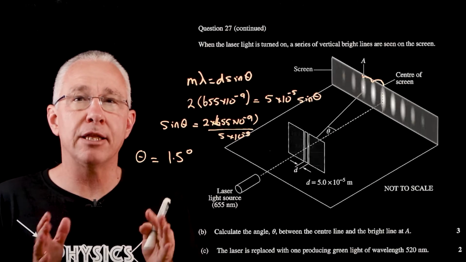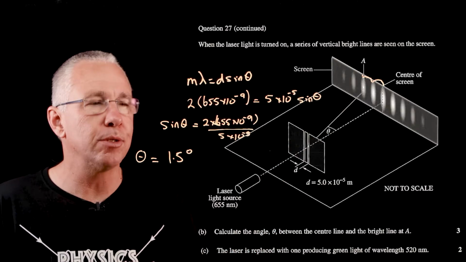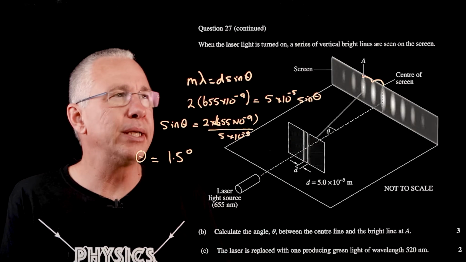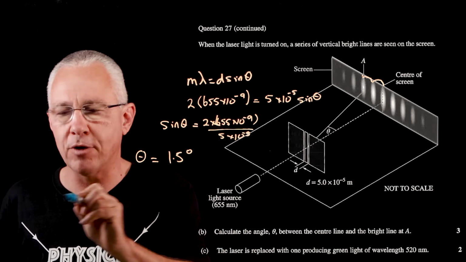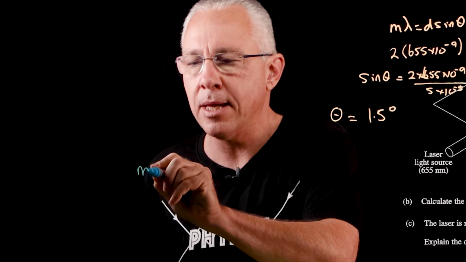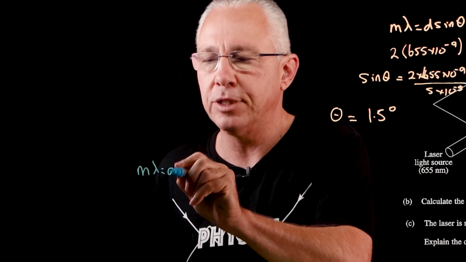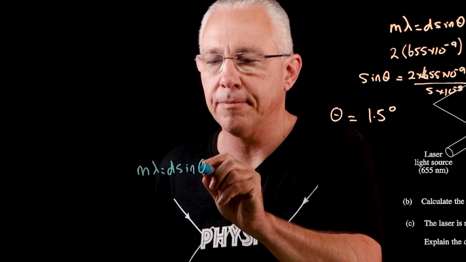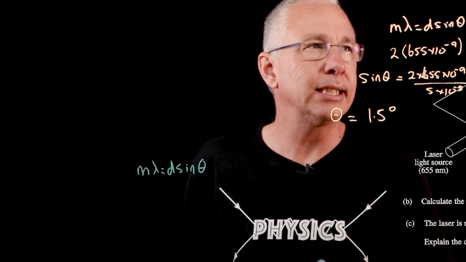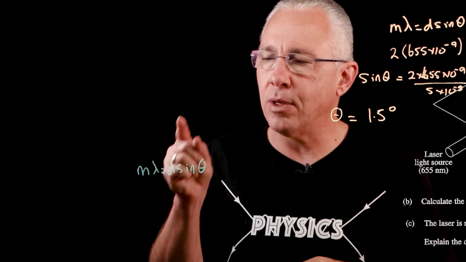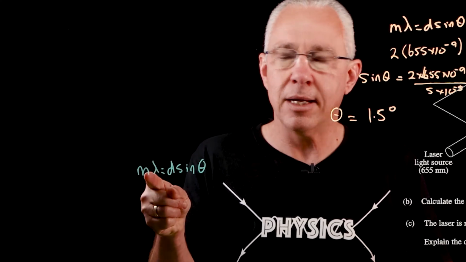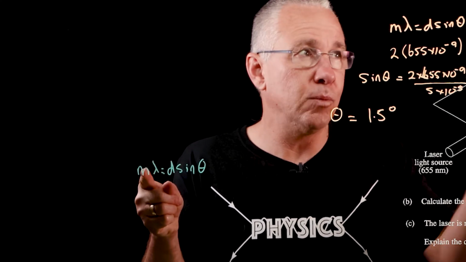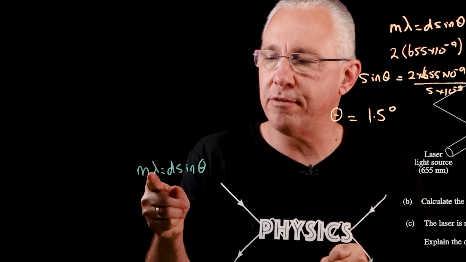Now, our second part of the question says, explain what happens in terms of the pattern. And again, what we need to do is look at this mathematical formula, and I'll rewrite it here again. We've got m lambda equals d sine theta. So mathematically, what's going on here? Lambda decreases. Our m can be whatever value we want, but we're interested in what happens over here.